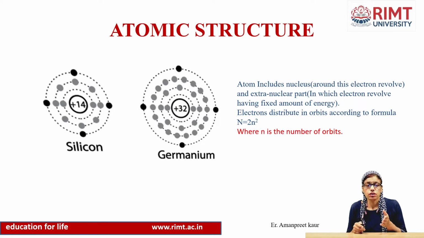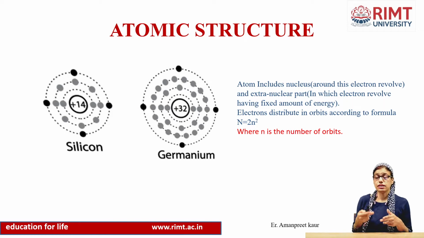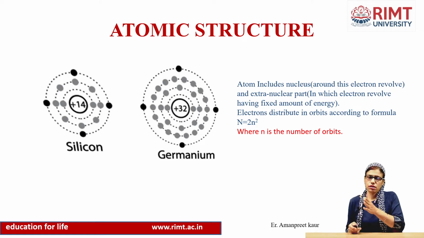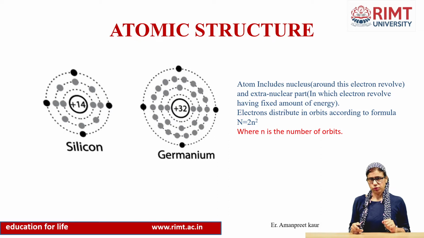To find the electrons in the innermost shell, the first shell, n equals 1, so it contains 2 electrons. For n equals 2 it contains 8, then 18, then 32. We can find the maximum number of electrons in an orbit using this formula, 2n².